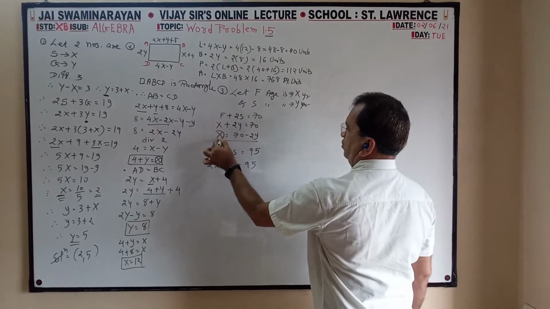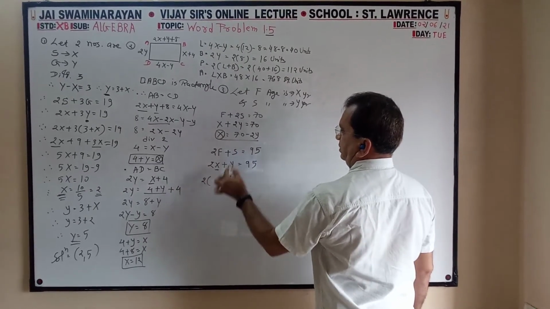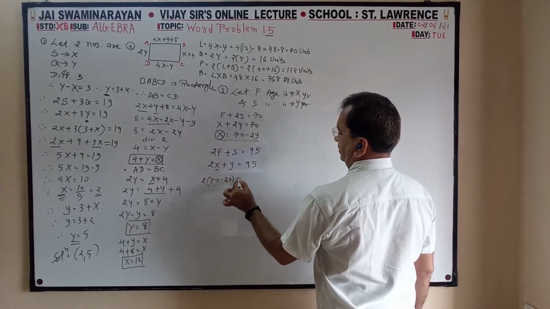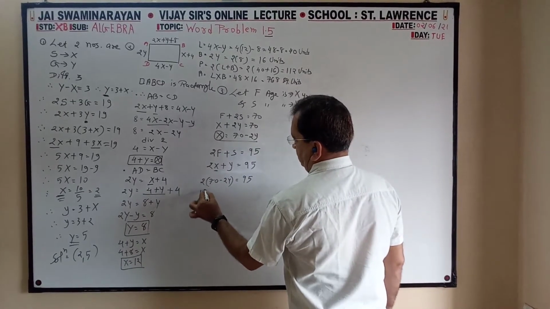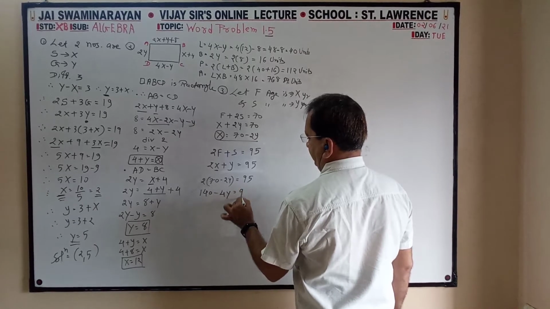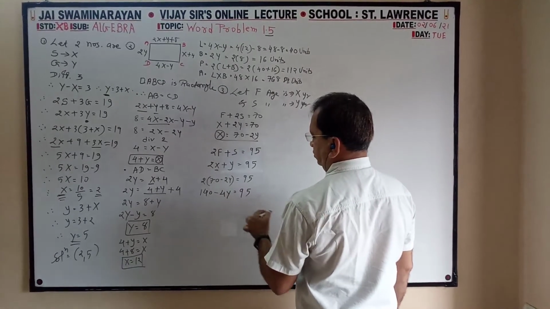But we know x is equal to how much? So 2x is equal to 140 minus 4y, and that plus y is 95. This goes this side, this goes this side.